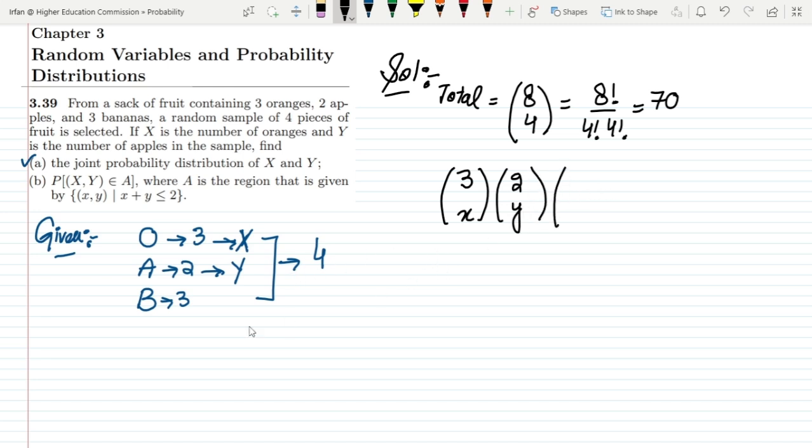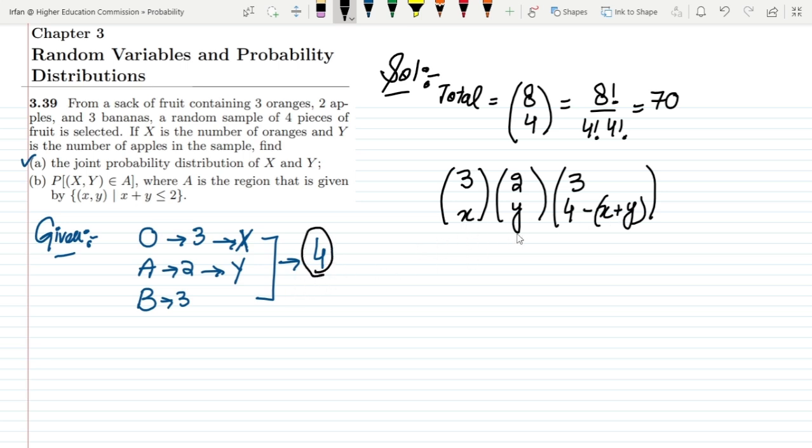The remaining items are bananas. The number of bananas here is 3, and from them I have to select the remaining ones out of 4, because the total number of items is 4. So these would be the selected items which comply with the condition of our question.